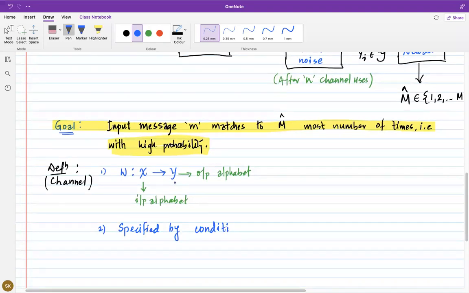Since Y is an output, it is a random variable and has to be specified by a distribution. In particular, since we have conditioned on the input being fixed, to analyze the output we first fix the input, and that is the conditioning event. Therefore, the output of this channel is specified by a conditional distribution.